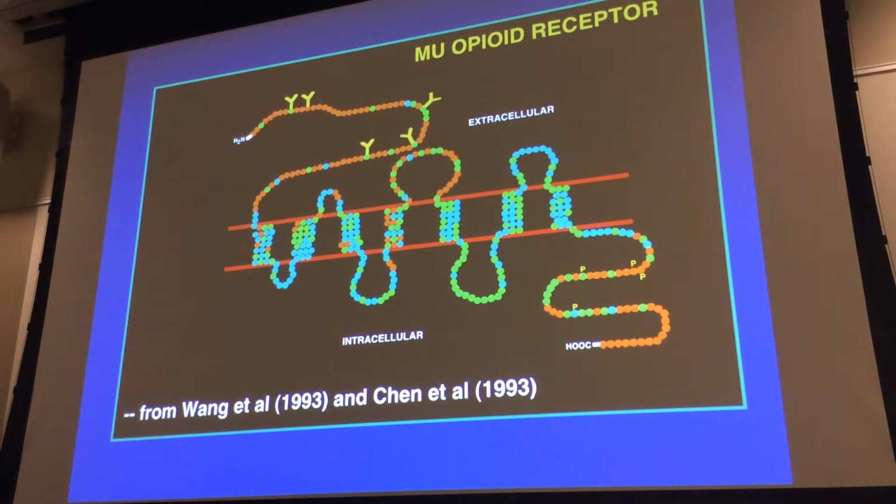And it can't just be inserted in a random way, okay? You've got to insert it in the right direction so that this portion of the receptor is facing outwards and this portion is facing inwards. So how does the cell know how to do this? Well, it's these gangliosides that allow you to do it, because these gangliosides bind to the inner surface of the cell membrane. And it's like a lock and key arrangement.